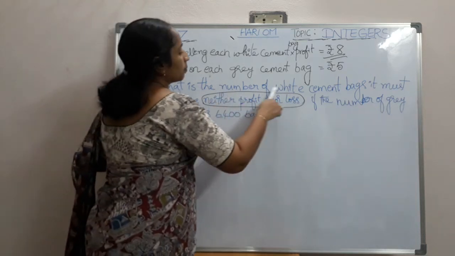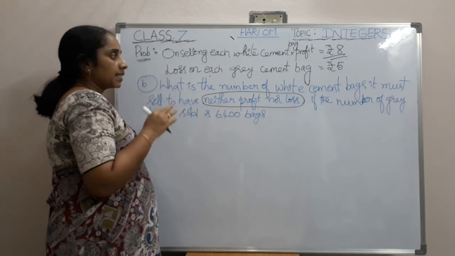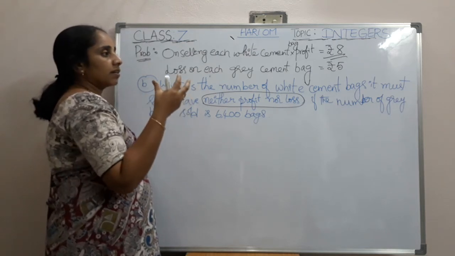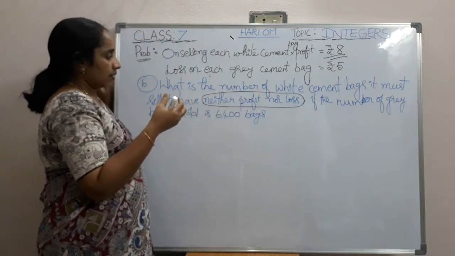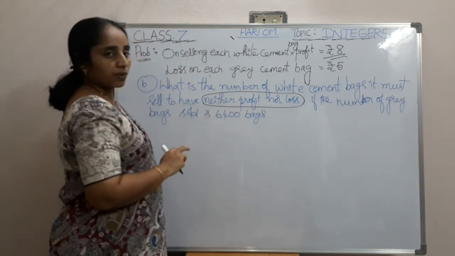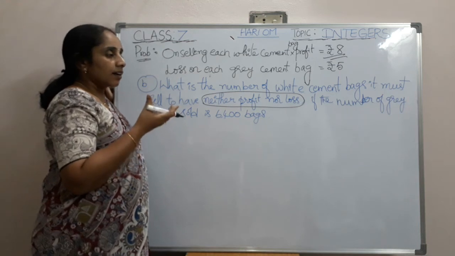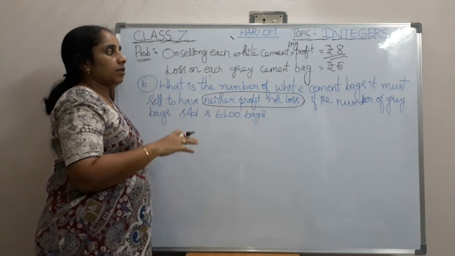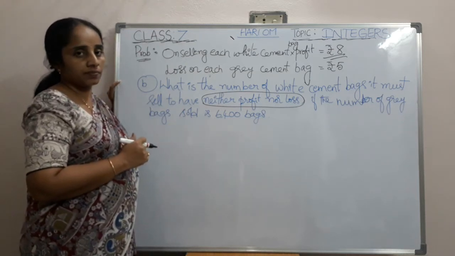What is the number of white cement bags? By selling how many white cement bags, if the number of grey bags sold is 6400, can we get neither profit nor loss? That is the question here.